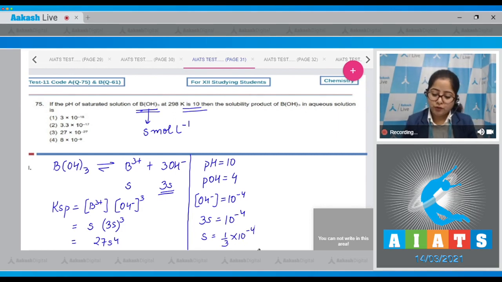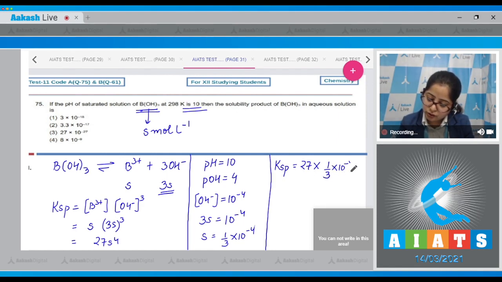Let's put the value of solubility in this equation of Ksp. We get Ksp is equal to 27 multiplied by 1 upon 3 into 10 raised to the power minus 4 whole 4.